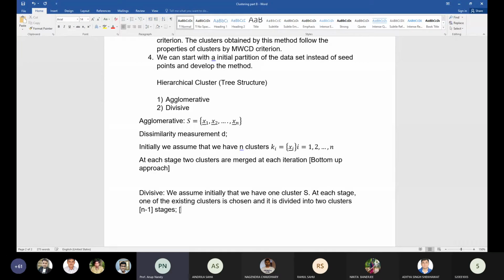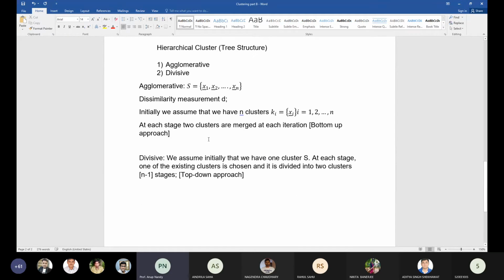So it is called the top-down approach. So that is a very interesting thing that we will see in agglomerative clustering.